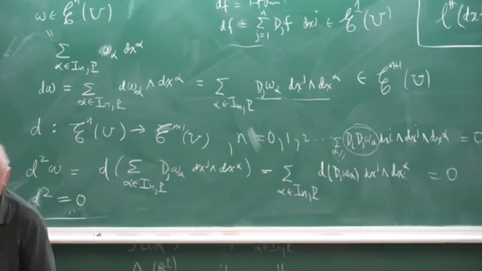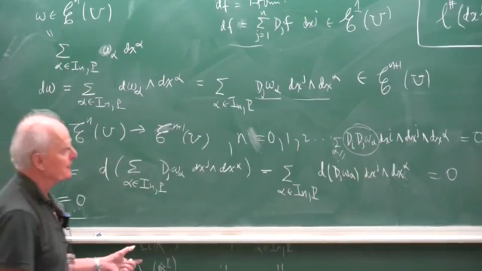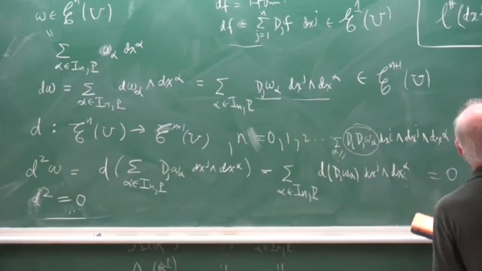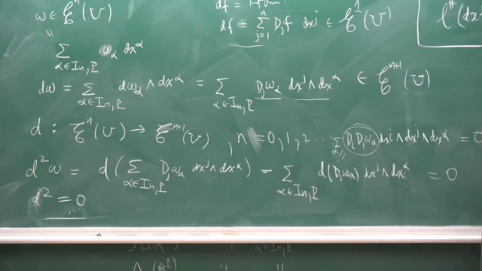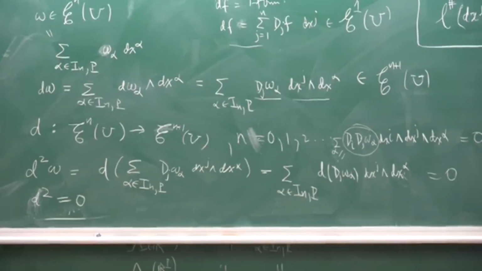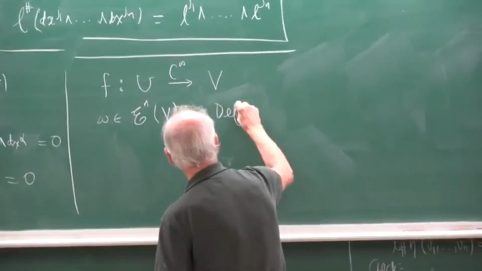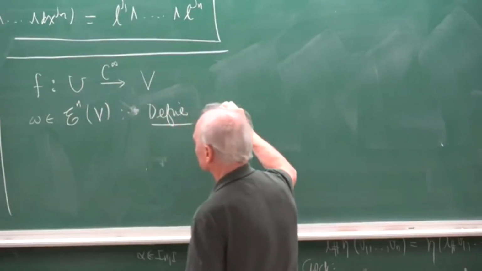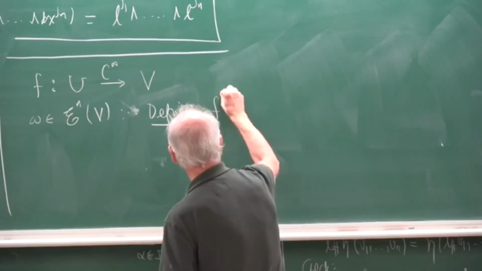Okay, now we can also pull back forms. So let's talk about that using this. So if you've now got a mapping f from U into V, a C infinity map, and you take a form over in this space, then you can define f sharp omega.